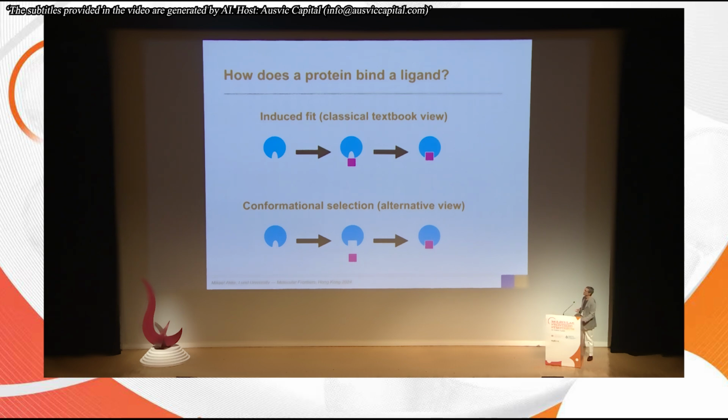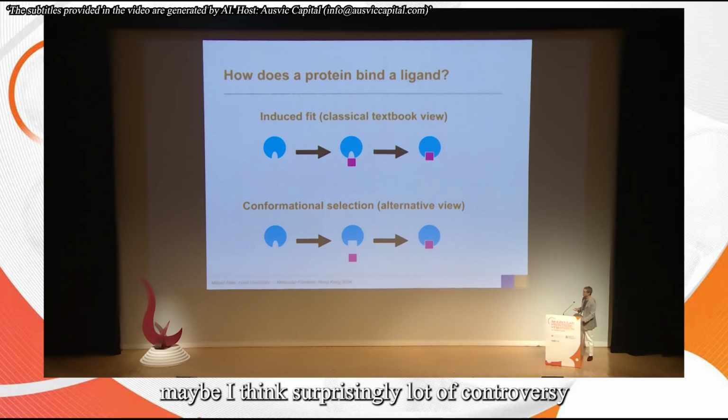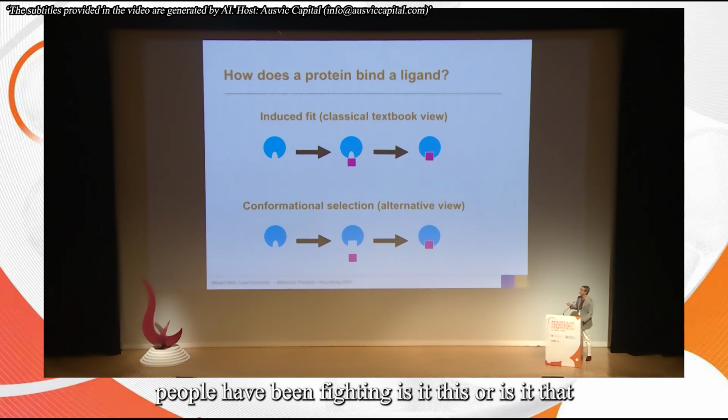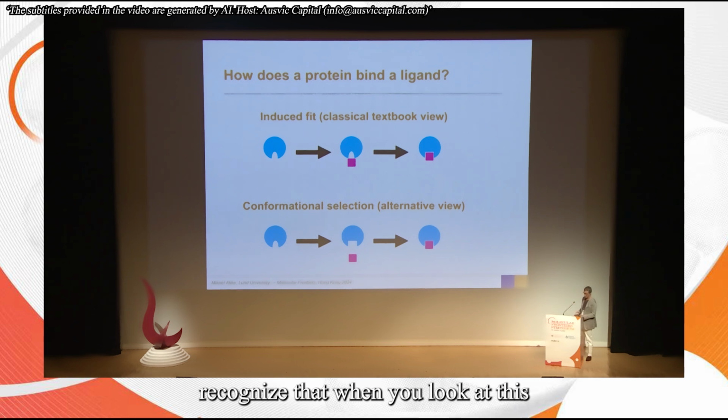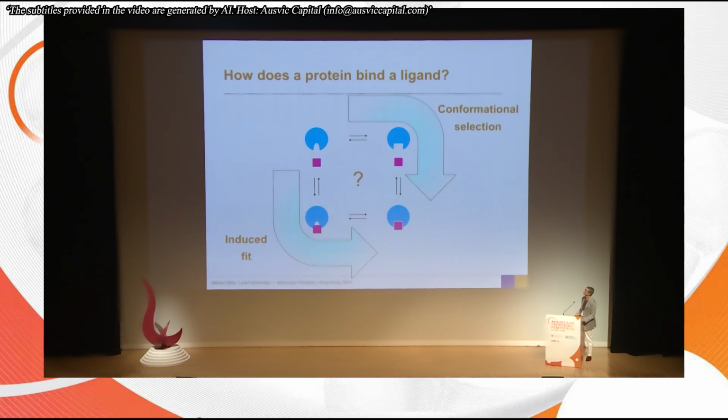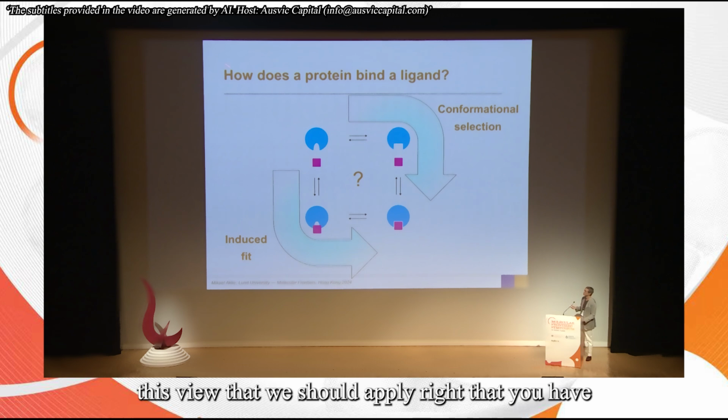And it has been, I think surprisingly, a lot of controversy between these two views. People have been fighting: is it this or is it that? But I think you can all recognize that when you look at this, it's really this view that we should apply, right?